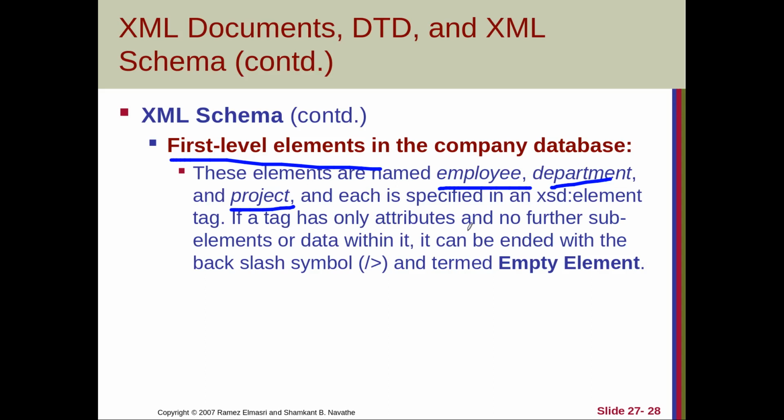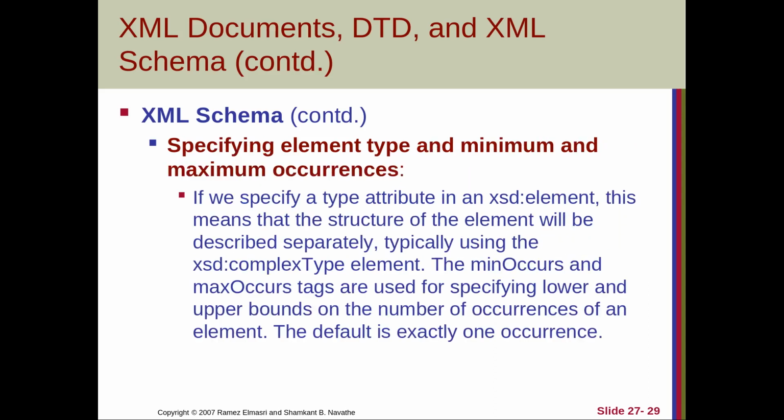If a tag has only attributes and no further sub elements, then it can be ended with a slash and right angle bracket, so that it is termed an empty element. It is called an empty tag or empty element.